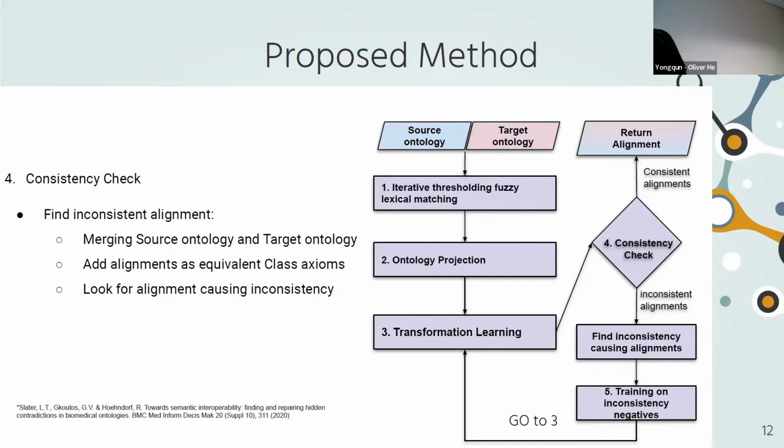We try to incorporate this by finding which of those equivalent class axioms produce the most number of unsatisfied classes and remove them. Once we reach a consistent merged ontology, then we stop. And those are added as true negatives the next round. I don't know if I should say true negatives, maybe inconsistency negatives would be a better name for this.